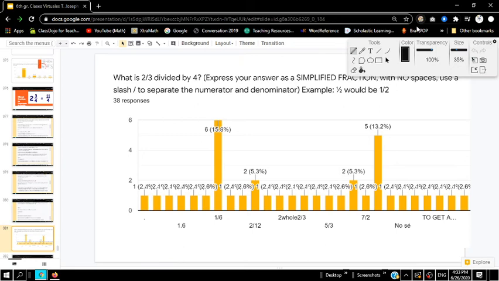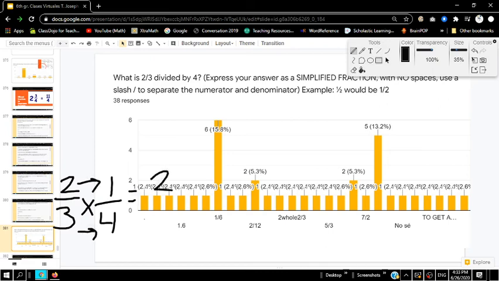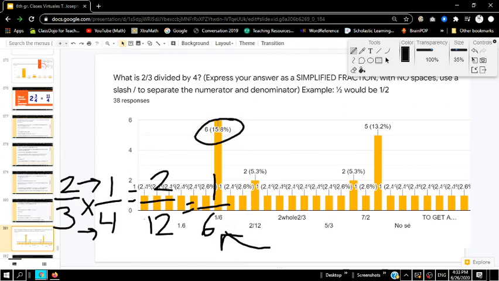We have 2/3 times 1 over 4, because we need to make sure we multiply by the reciprocal, right? 2 times 1 is 2, and 3 times 4 is 12. Okay, so this actually simplifies to 1/6. That should have been your final answer. A lot of people responded 1/6. 15% of you guys responded 1/6.